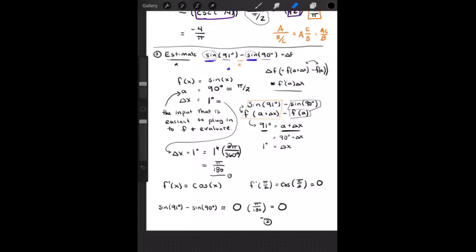So for that one, I was using the formula that this was delta F, remember, and this is approximately F prime of A, which we figured out above was 0, times delta X, which we figured out here in 1 was pi over 180.